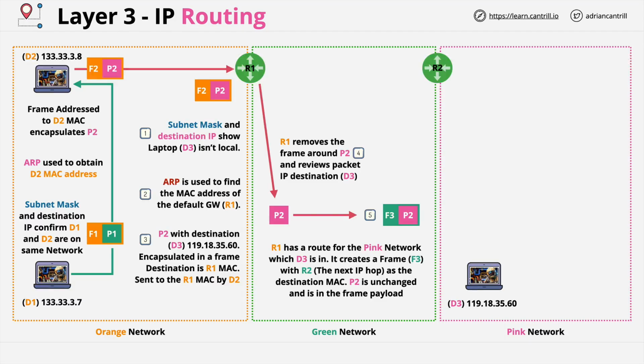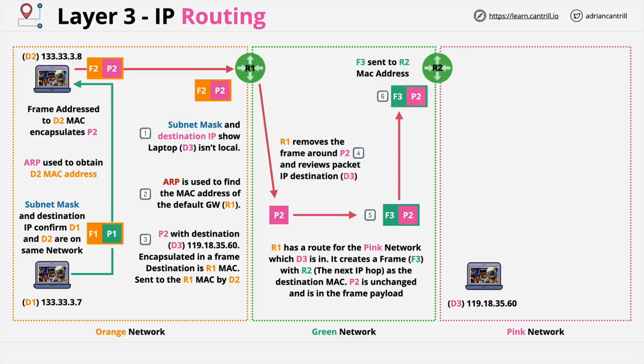Now the destination MAC address of this frame is the MAC address of router R2, and it gets this by using the Address Resolution Protocol, or ARP. So it knows that the next hop is the IP address of router R2, and it uses ARP to get the MAC address of router R2, and then it sends this frame off to router R2 as the next hop.